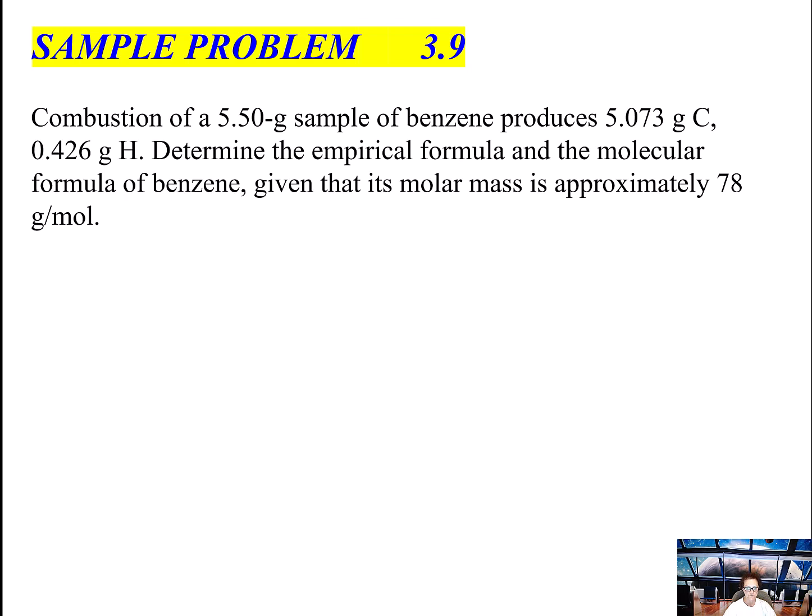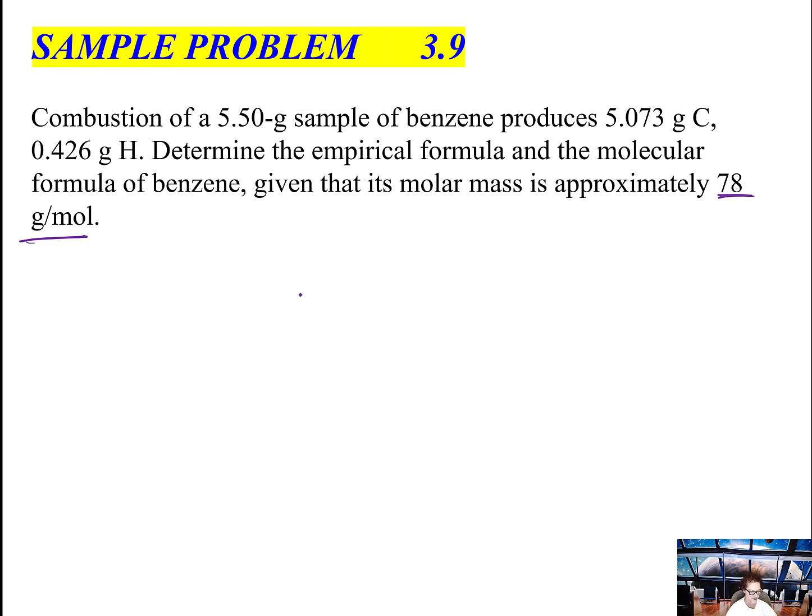Determine the empirical formula and the molecular formula of benzene if the molar mass of benzene is 78 grams per mole. So I'm not going to use that molar mass until the end, because I've got to find the empirical formula first, and then I use the molar mass to figure out what the molecular formula is.